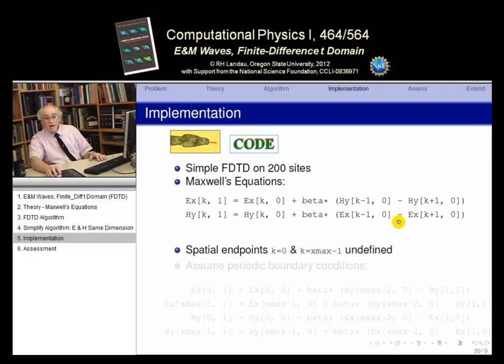So if we look at the algorithm, we see that this works except the endpoints, corresponding to k equals 0 and k equals the max minus 1; they're still undefined. We have to do something about boundary conditions. Remember, the problem just gave you those pulses and said, what happens? Well, what happens is the pulses propagate.